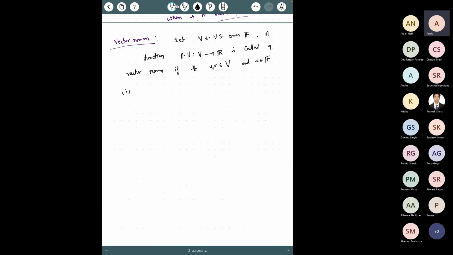So what should this function satisfy? The norm of v, the function value of v, should be greater than or equal to 0. So it is non-negative. The second property is that the function value is 0 if and only if the vector v itself is 0. This is called positivity.